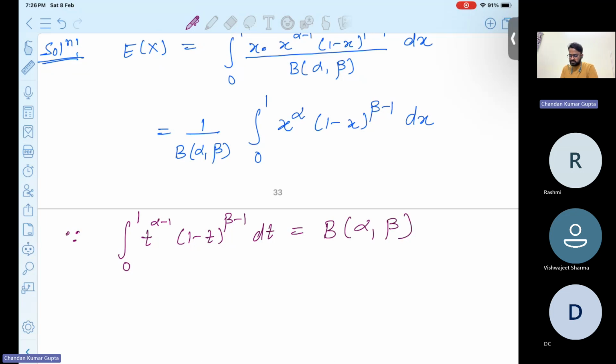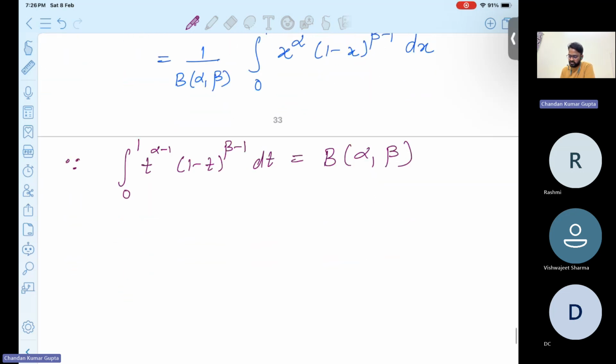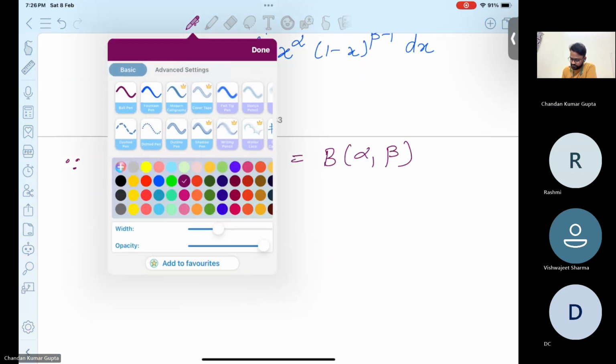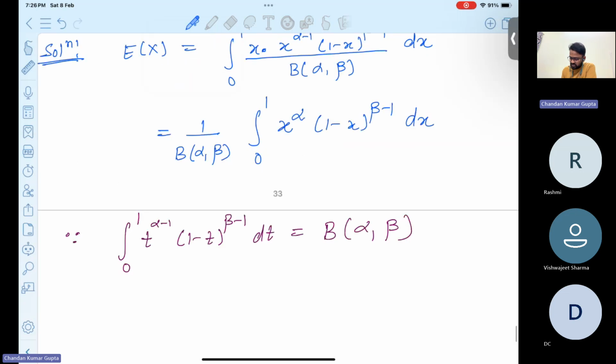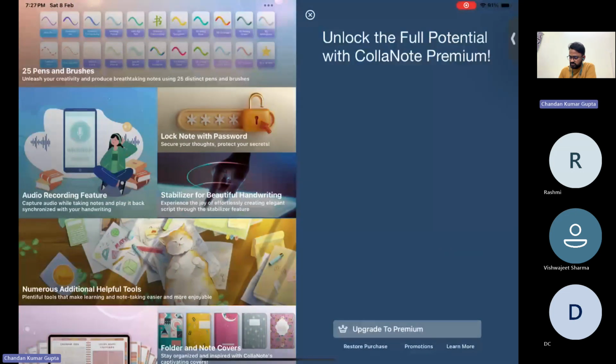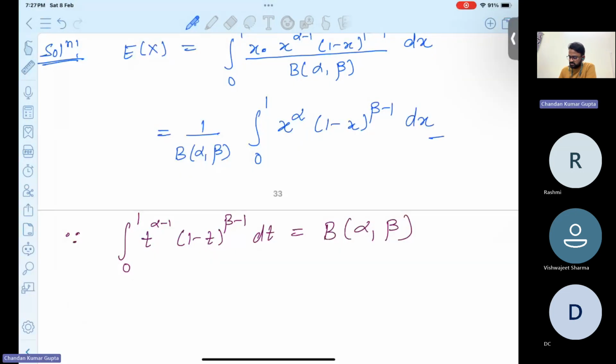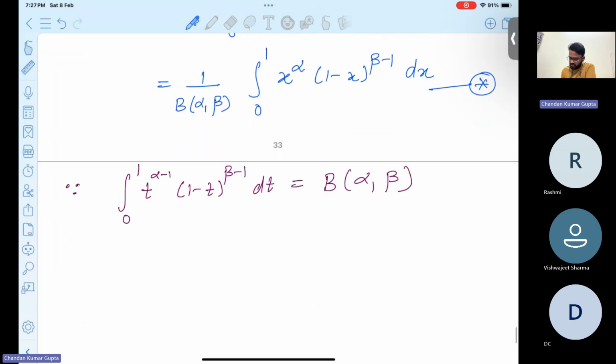Okay, now replacing alpha minus 1 with alpha, we can write the last line, this star equation, like this, right? Beta of alpha beta equals the integral 0 to 1 x to the power alpha plus 1 minus 1, 1 minus x to the power beta minus 1 dx.